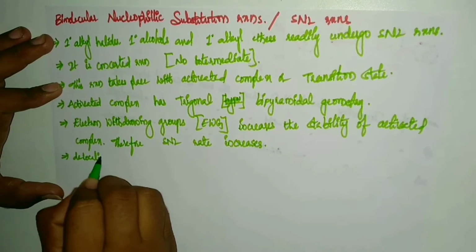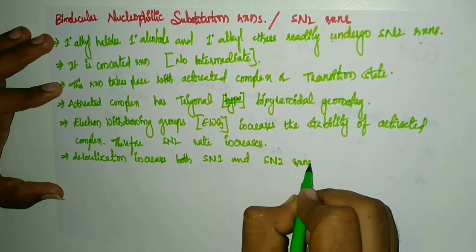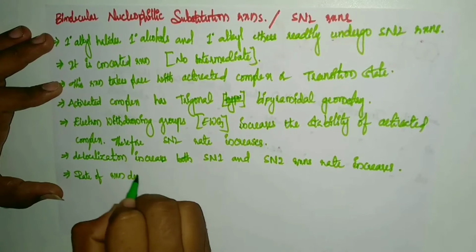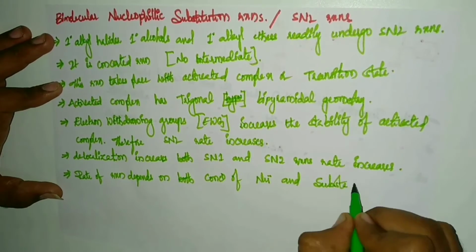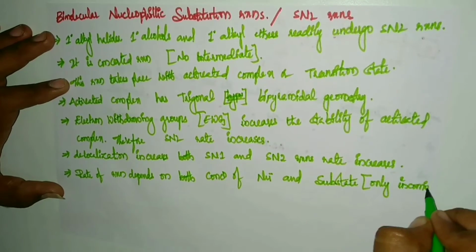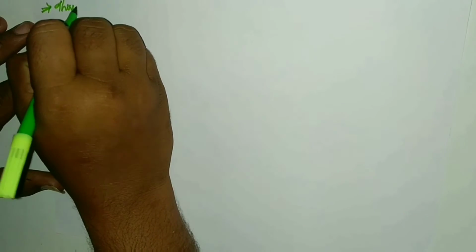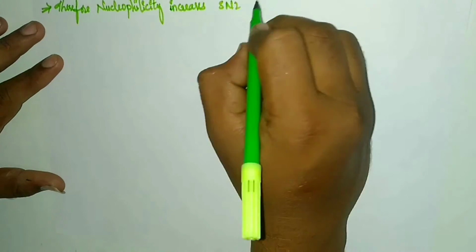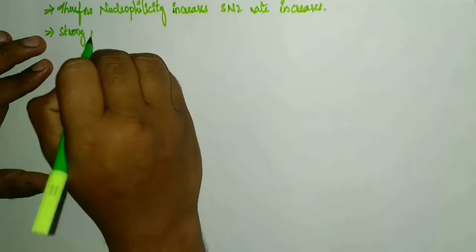The most important point is that delocalization increases both SN1 and SN2 rates. The rate depends upon both the substrate concentration and the concentration of the incoming nucleophile. Therefore, as nucleophilicity increases, the SN2 rate increases. A strong nucleophile increases the rate of reaction.